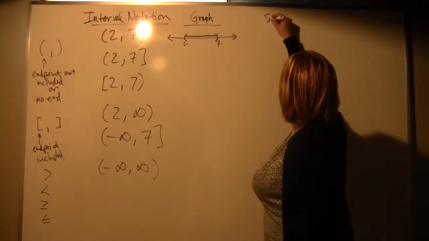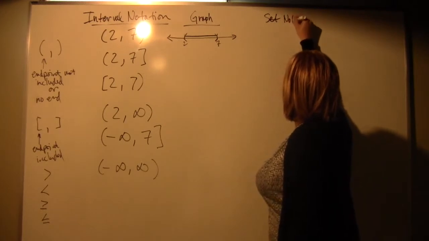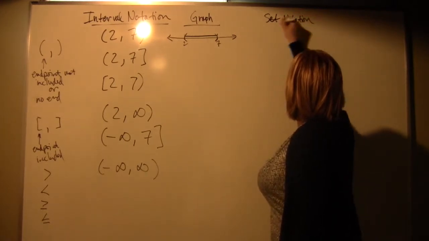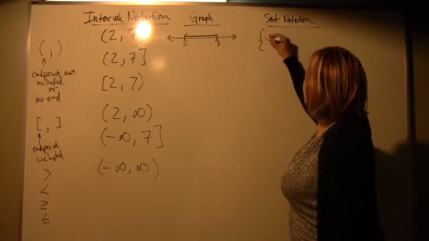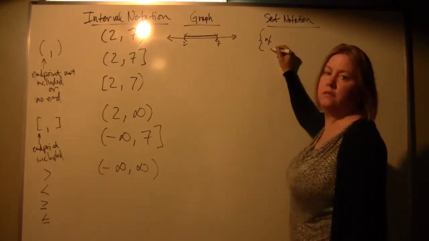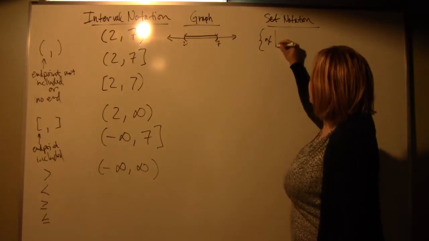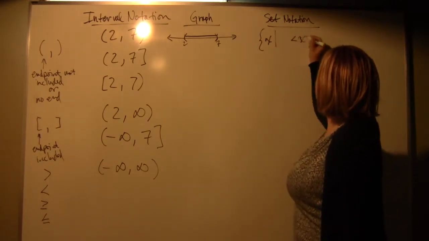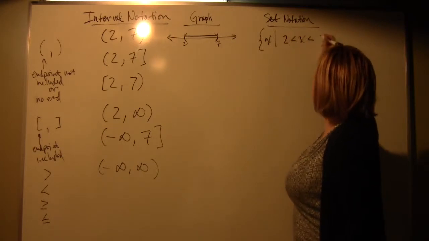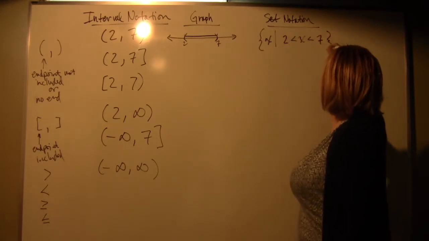Okay, set notation for this is the set of all x such that x is between 2 and 7.